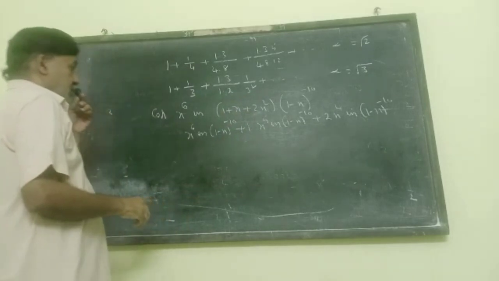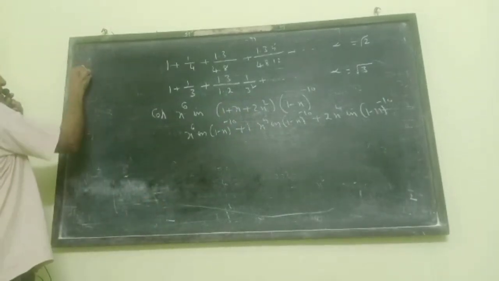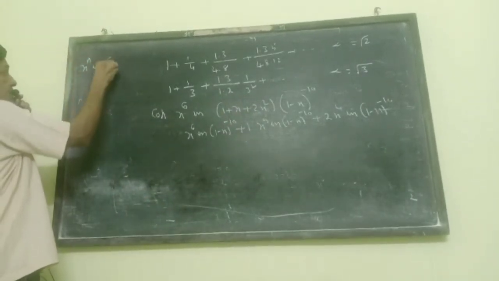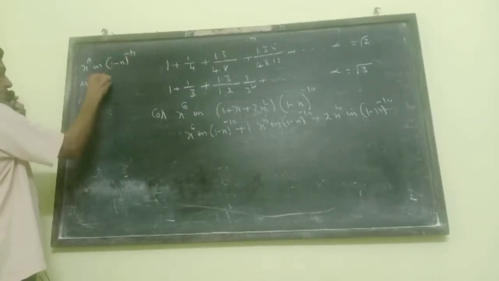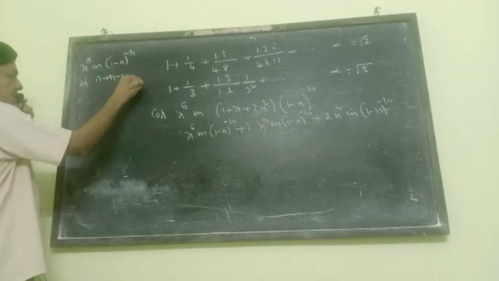What is the formula given? x power n in (1 minus x) whole power minus r is what? (n plus r minus 1) c (r minus 1).